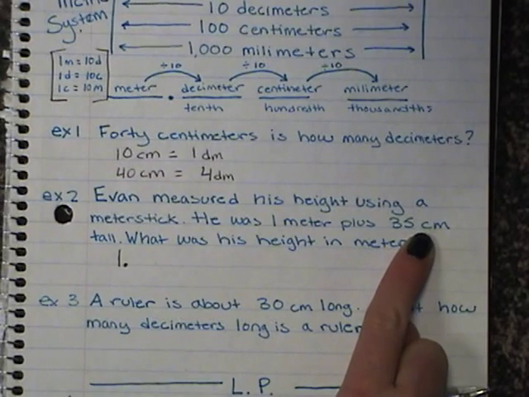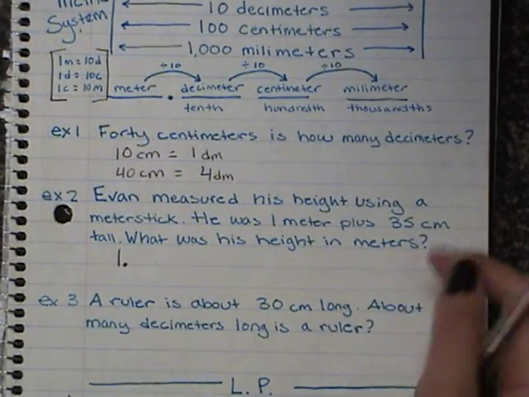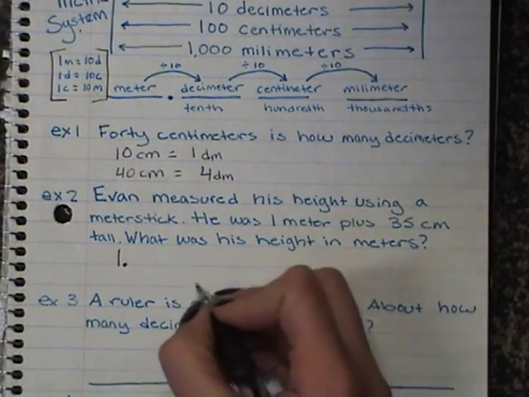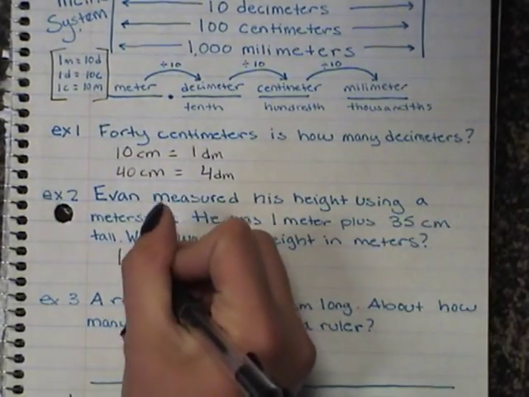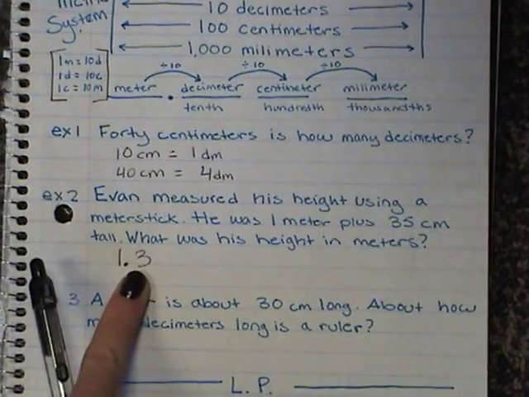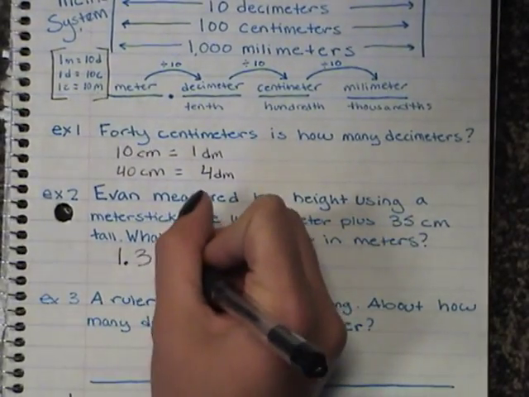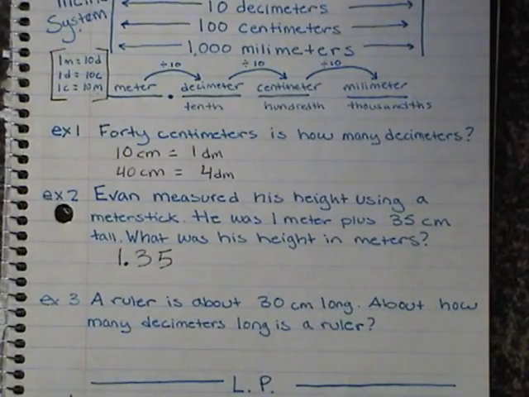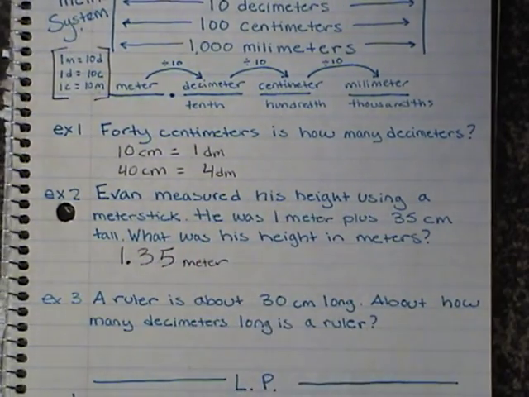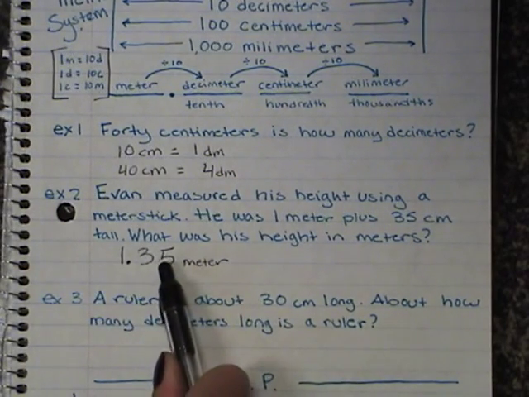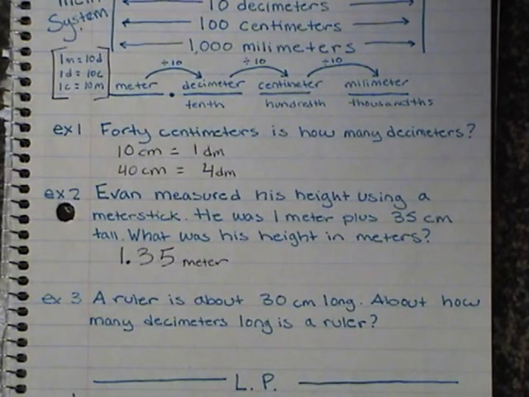And 35 centimeters, I know that 10 centimeters equal 1 decimeter. So I would say I have 3 full tens, which would be 3 tenths, and 5 hundredths are my centimeters. So he would be 1 and 35 hundredths of a meter tall.